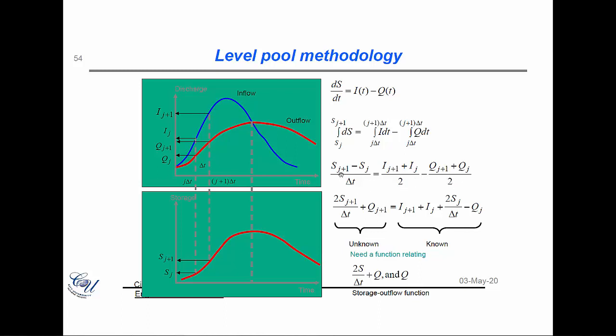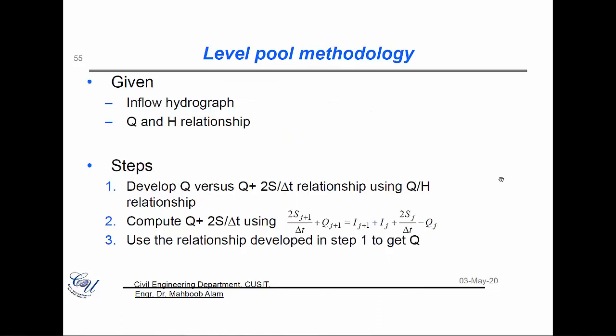Fine. So J is basically the time step, S is storage, I is the inflow, and Q is the outflow. What we will be given is the inflow hydrograph. For example, let's say there is a certain reservoir, and in that reservoir a certain amount of water is coming in with respect to time, so the inflow hydrograph would be known.